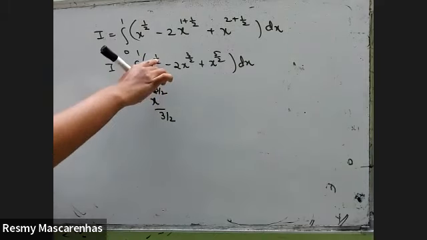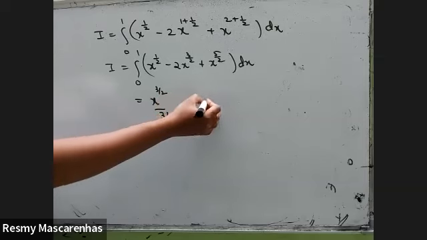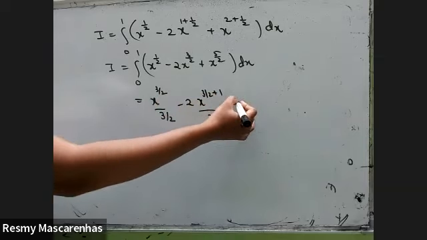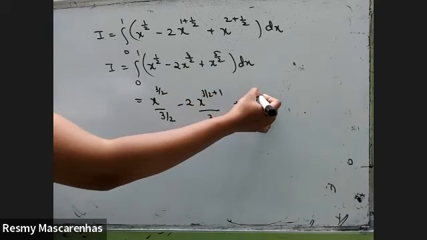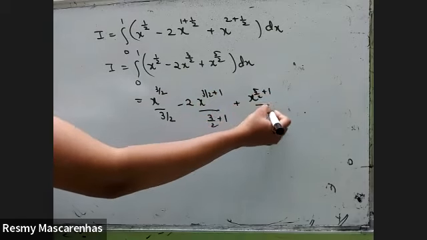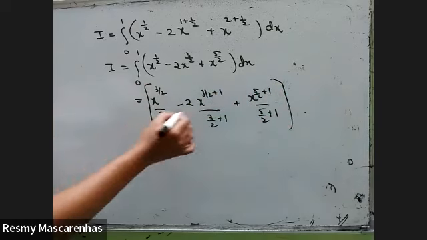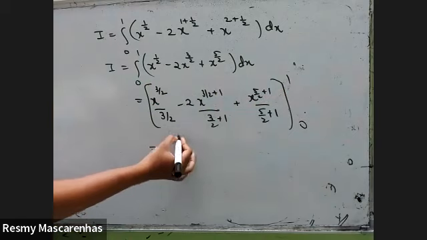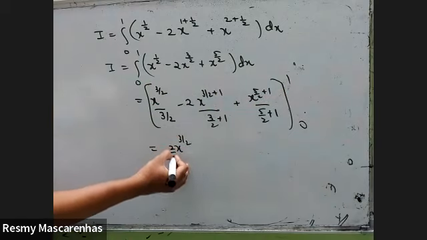Integrate this, using the x raised to n formula. After you solve, this will be x raised to 3 by 2. This will become 2 by 3.